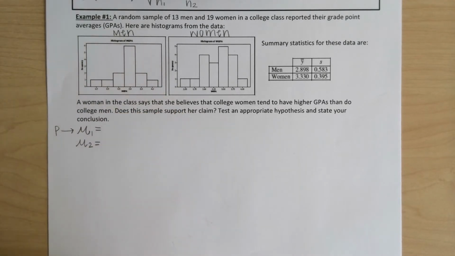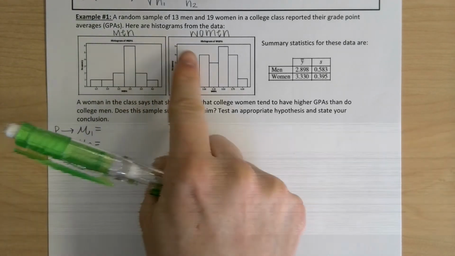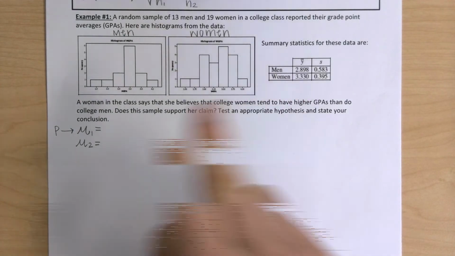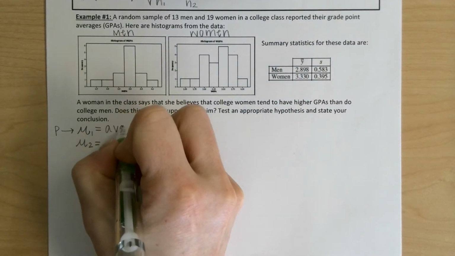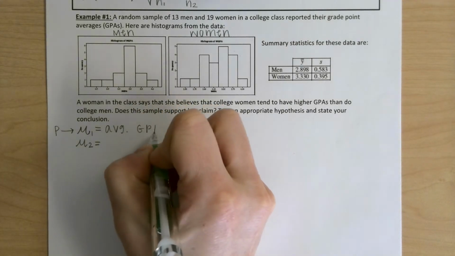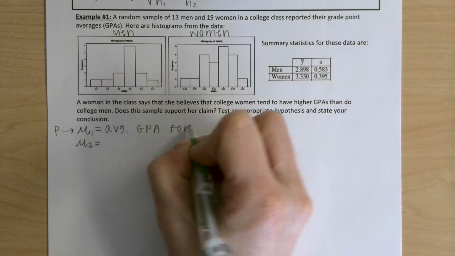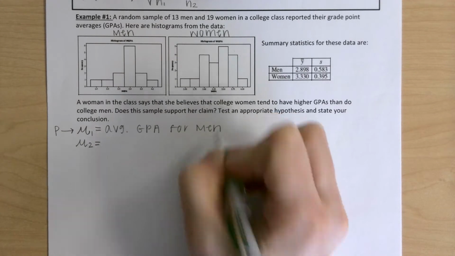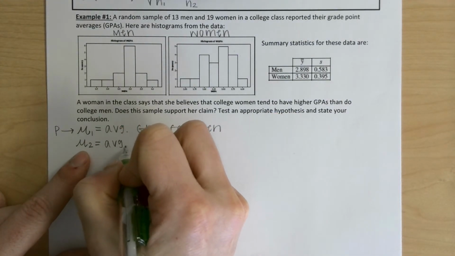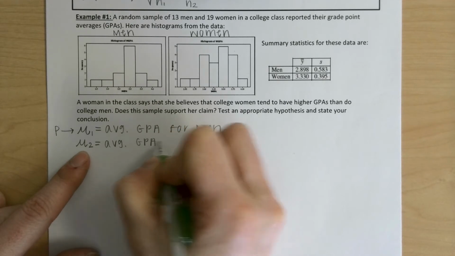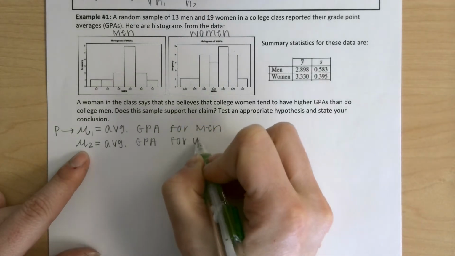Okay, I like to go in order here. So it looks like in both cases they listed men first. So I'm going to have mu1 represent the average GPA for men. My second group, mu2, will be the average GPA for women.